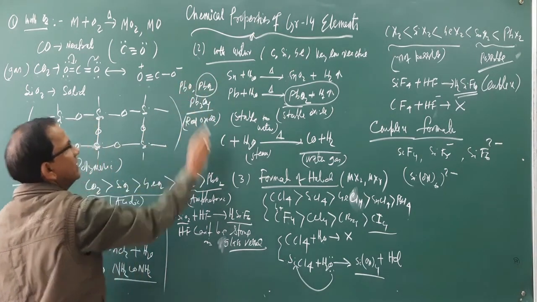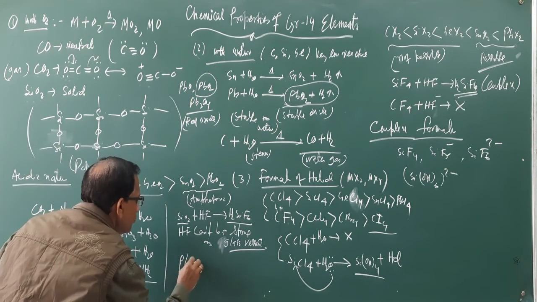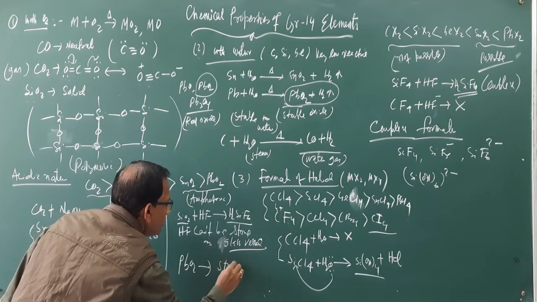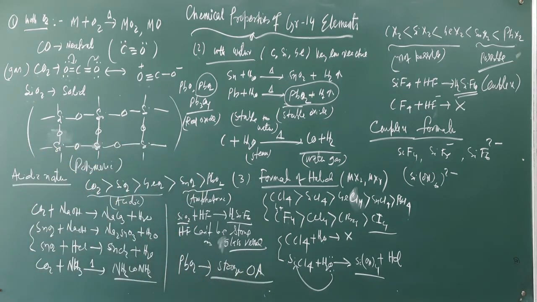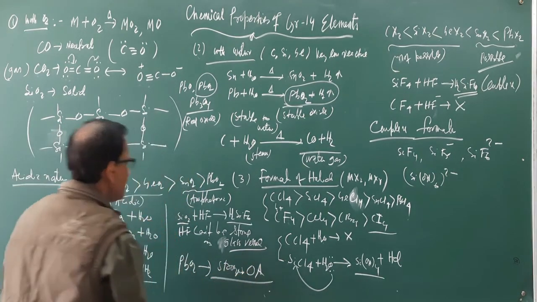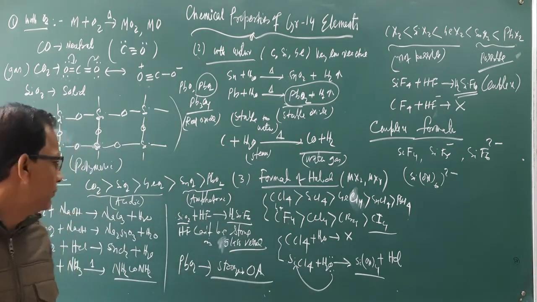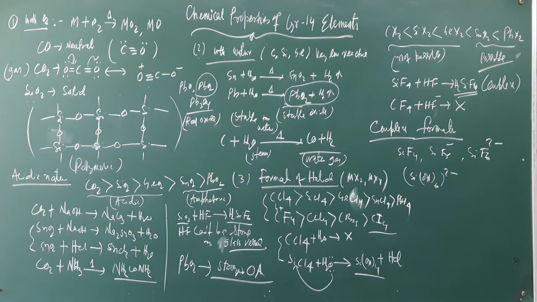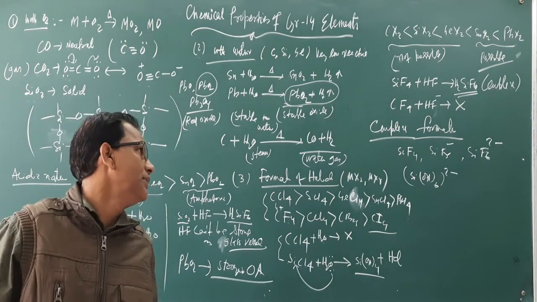PbO2 acts as a very strong oxidizing agent, because it will reduce to Pb2+, since Pb2+ is highly stable compared to Pb4+. So these are some property comparisons of group 14 elements, their chemical behavior and their differences in the nature of compounds.